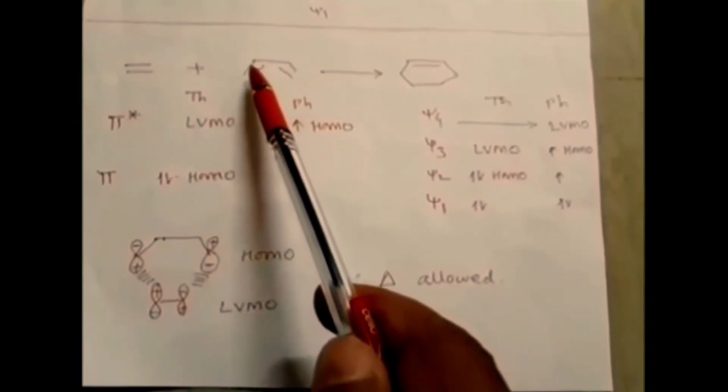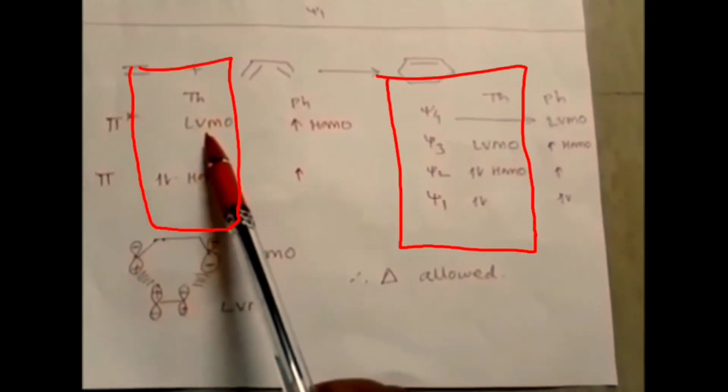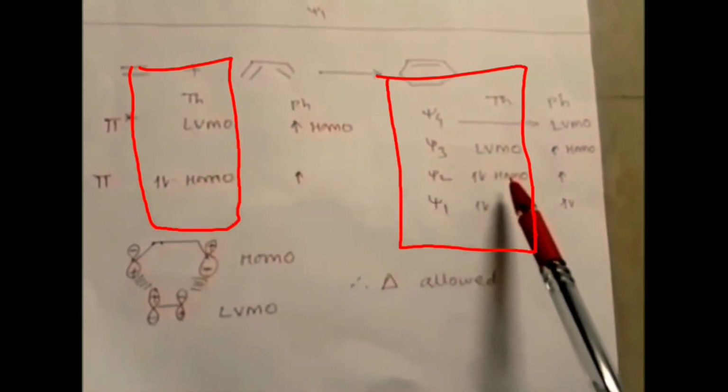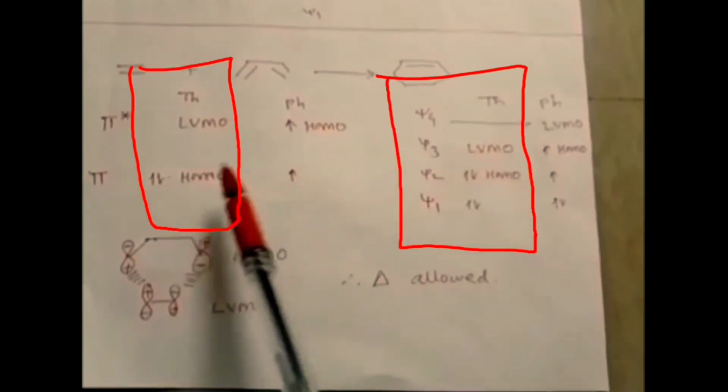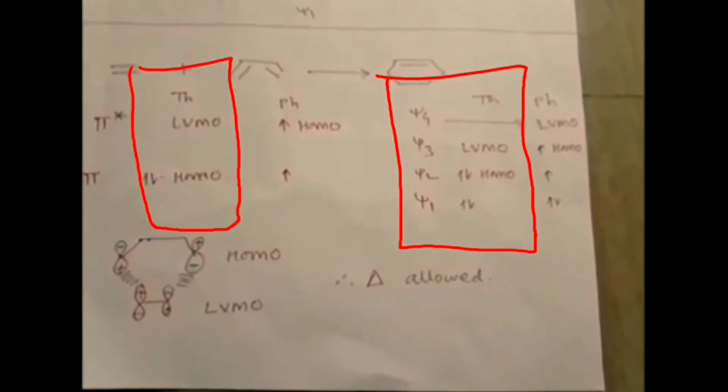Whereas here 4 electrons are involved, that's why there are 4 orbitals, psi 1, psi 2, psi 3 and psi 4. So psi 2 is HOMO, that is highest occupied molecular orbital, and psi 3 is LUMO. Now take LUMO of one reactant and HOMO of the other, or this one LUMO and this one HOMO. In both situations, we will get the same result.